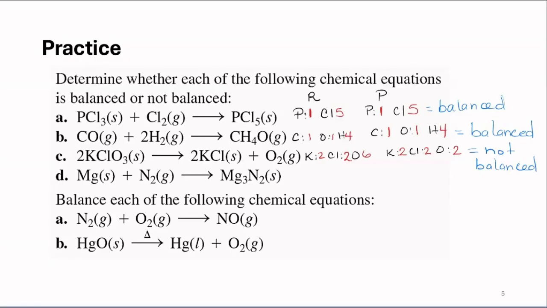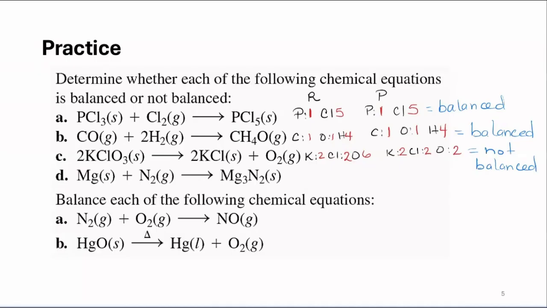If we're actually given a chemical equation and we need to balance it, similar to what the instructions say in the second problem, what we must do, and I'm going to do as an example letter A, is create a table in which we write down what we have to start with.